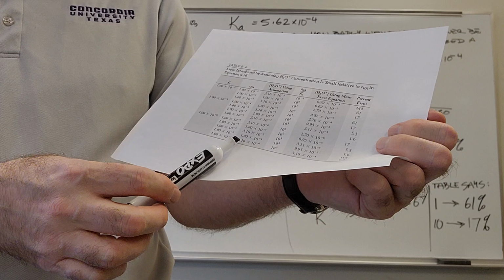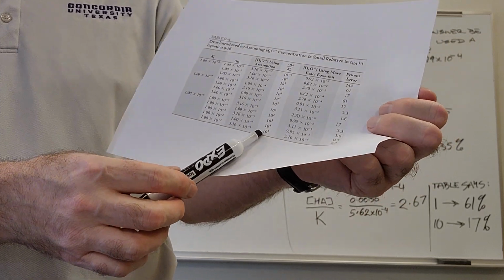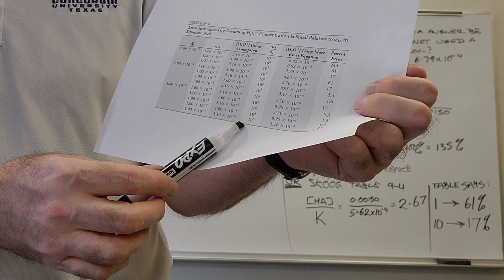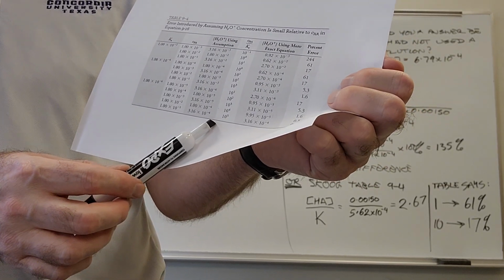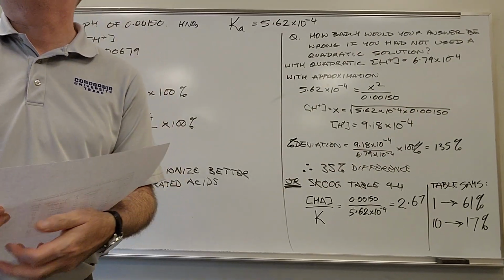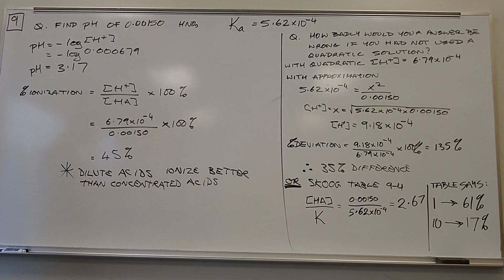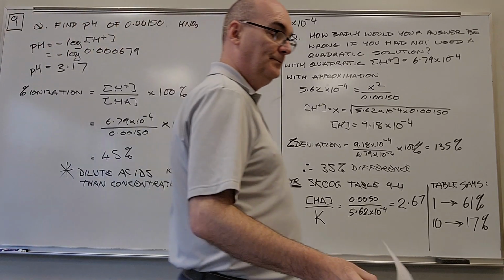And that's when the concentration is tens of thousands of times larger than the value of K. We've been going with kind of a rule of thumb of like, hey, if the concentration is 500 times bigger than the value of K, go ahead and risk it, because that's going to introduce 3, 4, 5% error. And general chemistry can live with that.